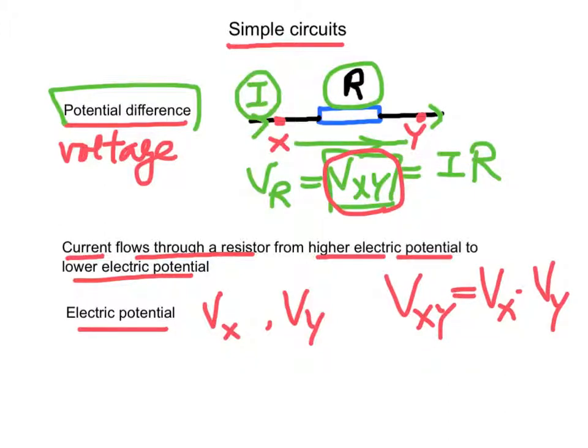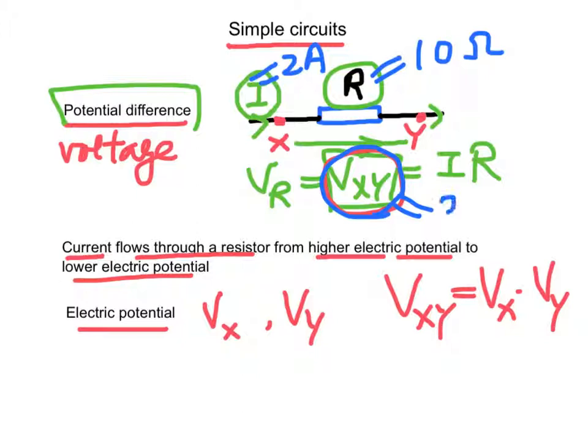Example, if resistance is 10 ohm and the current is 2 amp, then the potential difference across the resistor is equal to 2 times 10, which is 20 volt.